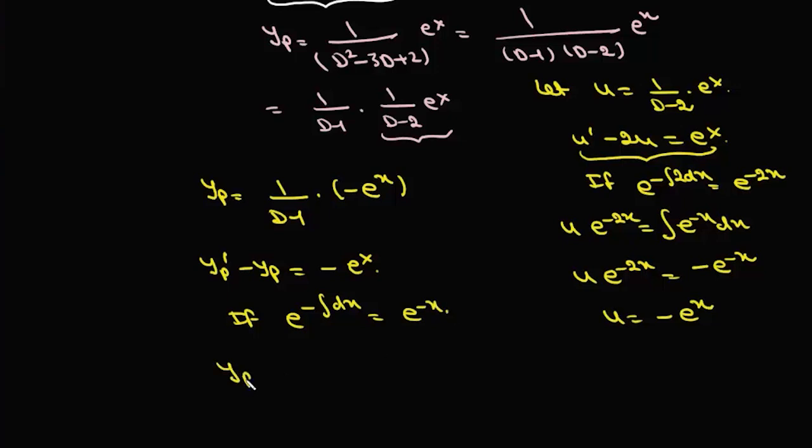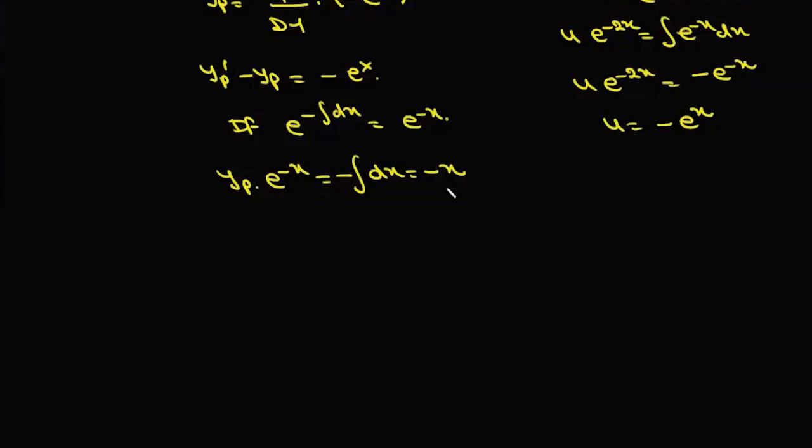So we can write yp e to the power minus x equals integral of minus e to the power x into e to the power minus x, which will be simply minus x. Now we'll take e to the power minus x to the right hand side, so our yp is minus x into e to the power x.